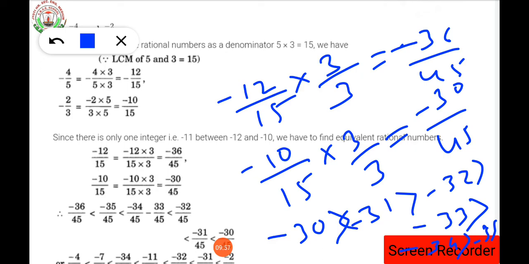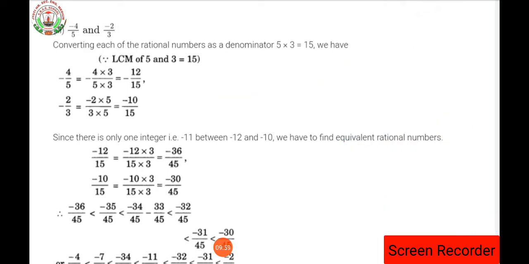ओके, दैट्स वाई। समझ आया? मतलब अगर सपोज वी आर मल्टीप्लाइंग विथ 3 and 5 we are getting the same denominator, but the rational number between this -12 and -10 is only -11, one rational number.